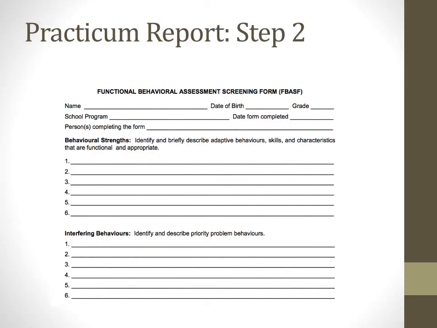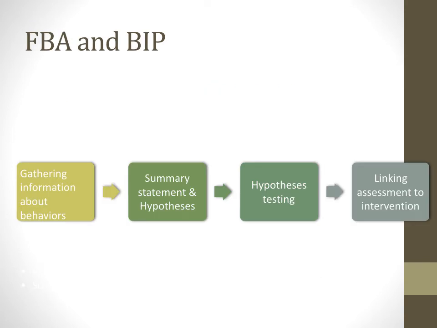Now I want to introduce the step 2 assignment for you. This is the screening form. The form is available online on Blackboard. As you can tell, we are in the very beginning stage. So after you get to know about your students and the behavior, we are going to use this screening form. This is informal.